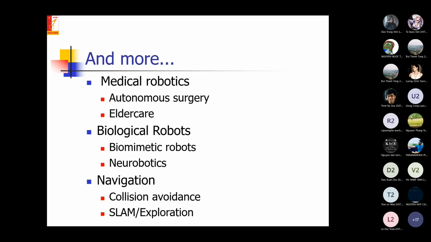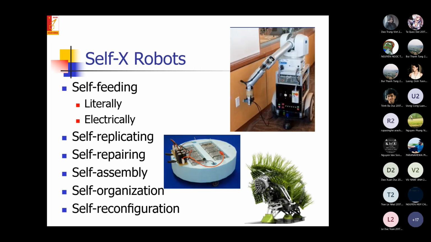And now in the intelligent environment, actually, people have developed some kind of self-acting robots with self-fixing, for example, the little release and the electric release. It can recharge the batteries or energies by itself. Self-replicating, repairing, assembly organization, and reconfigurations.